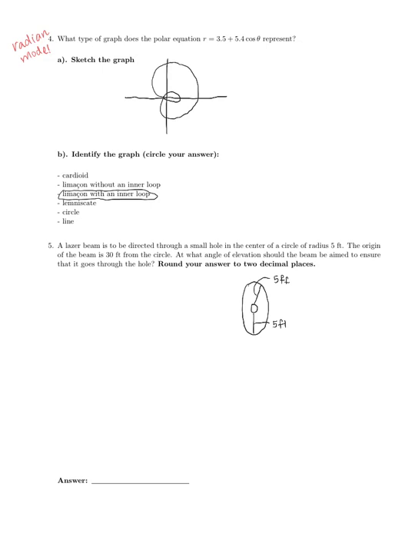Okay, now the situation is that the laser is over here. That's the picture of my laser. And the distance from here to here is given to be 30 feet. 30 feet from the circle.